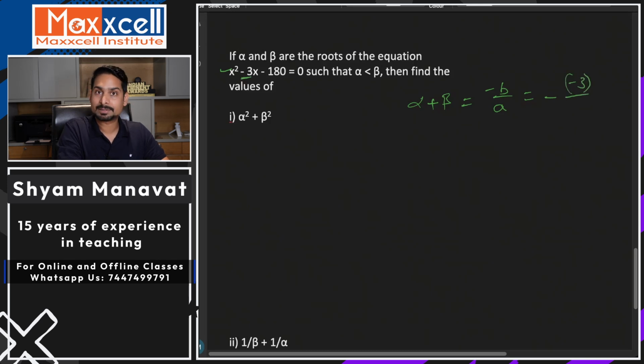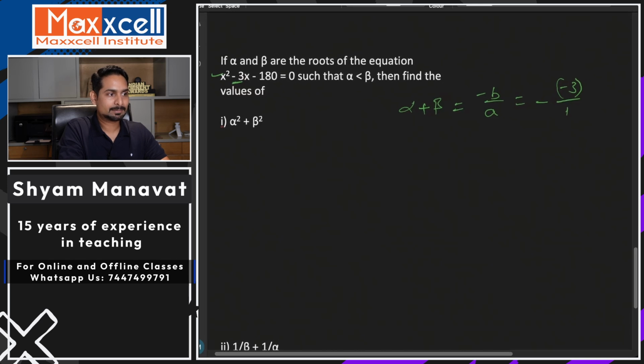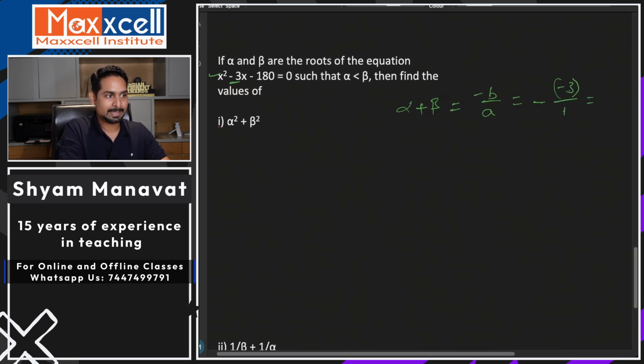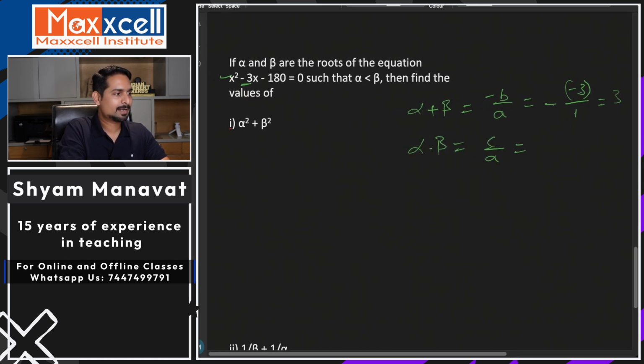A, which is coefficient of x square, that's 1 here. So minus into minus is plus, and denominator 1, we don't need to write. Alpha into beta, that is c upon a. What is c here? Minus 180, okay. And a is 1, we don't need to write. So this is alpha into beta, this is alpha plus beta, when alpha and beta are roots of the equation.